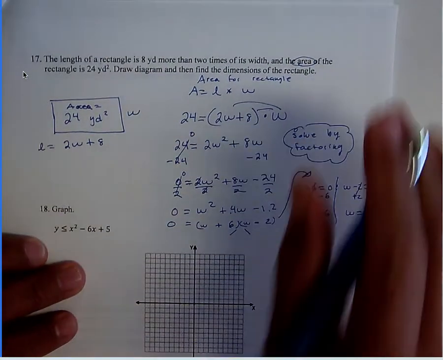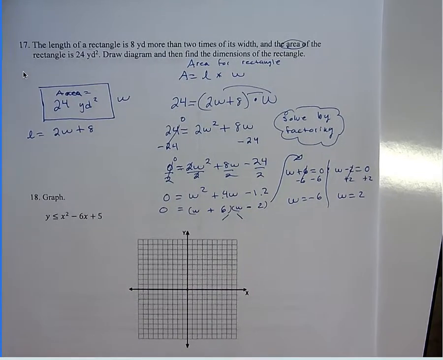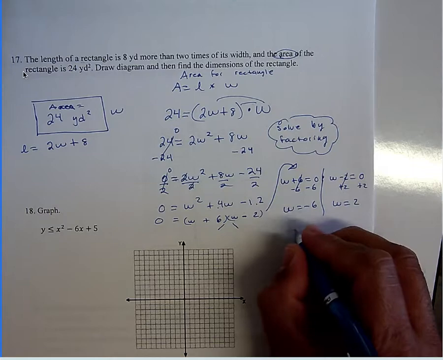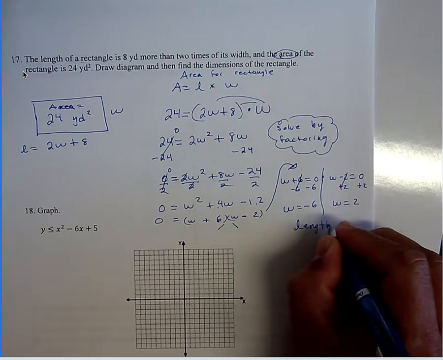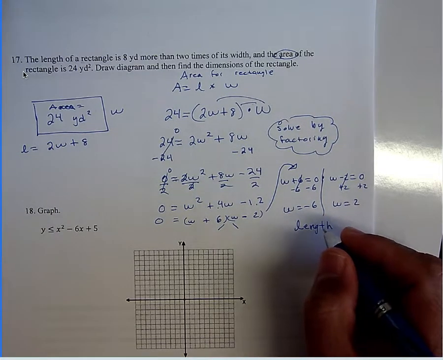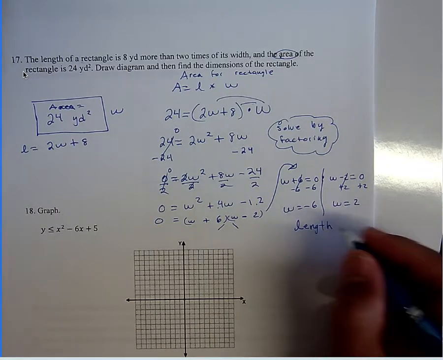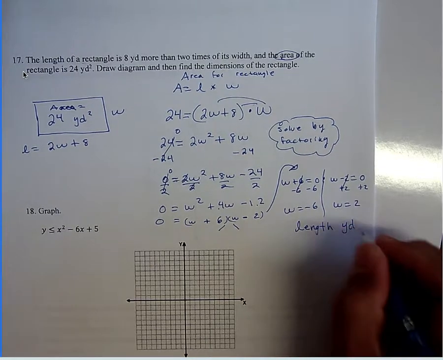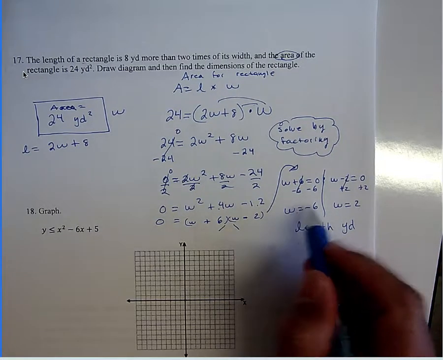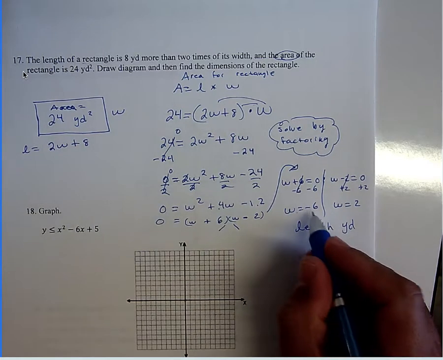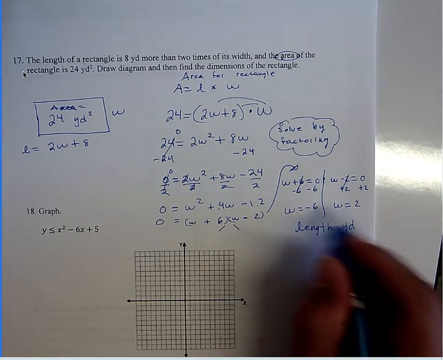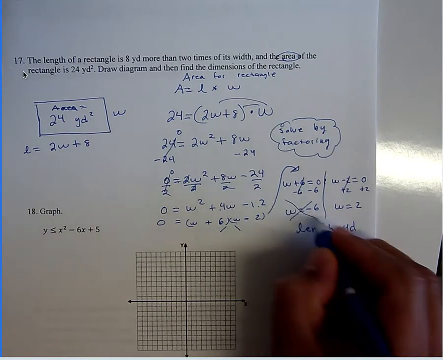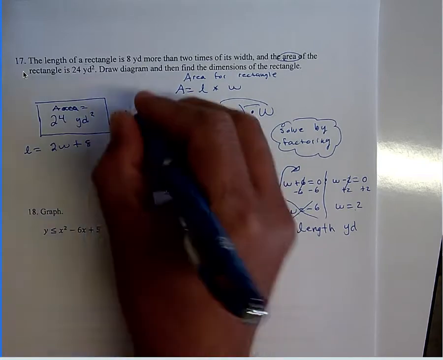Okay, this is where you have to ask yourself, width, this is length, so remember length, and we're talking about yards, right? So this is where you see these two solutions. Can our length be negative 6 or positive 2? So length cannot be negative, so you should know this is not the answer, so W would be 2.